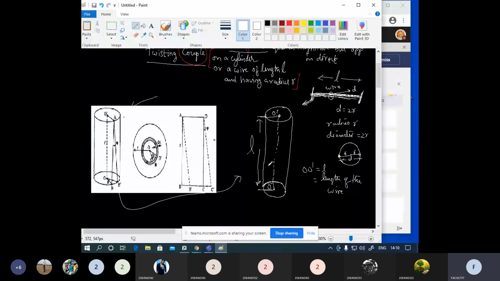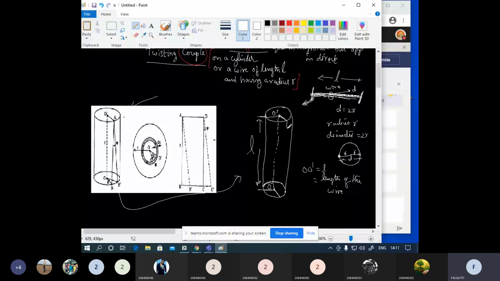Now without any twist or any couple, let us consider a line on the outer surface. O dash is inside the cylinder. Now let us consider outside the cylinder, on the surface here, a straight line.